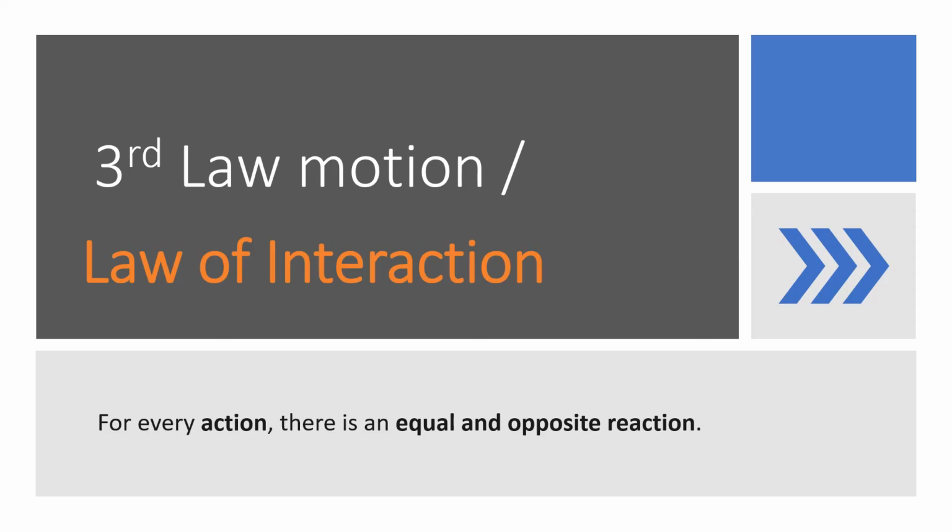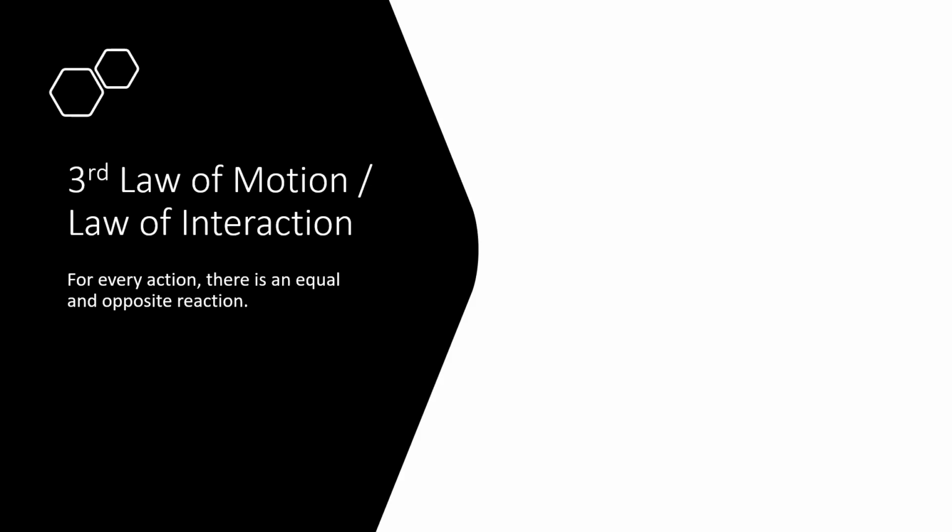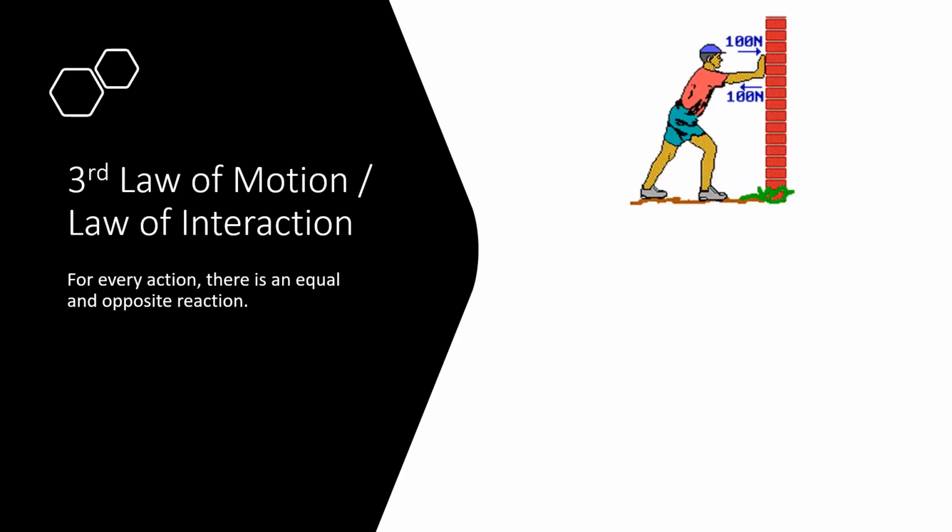For you to understand it, let us have an example for third law. Let's say, I have here a man pushing the wall with 100 Newton, or the man exerted a force of 100 Newton to the wall. Vice versa, the wall exerted 100 Newton to the man in opposite direction. That is example of third law.